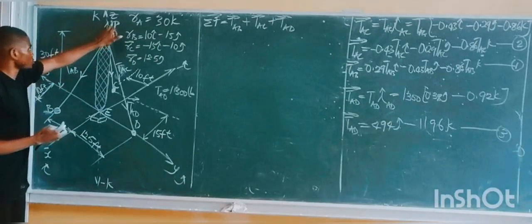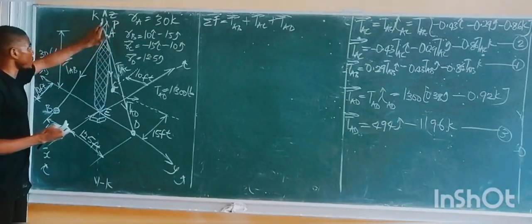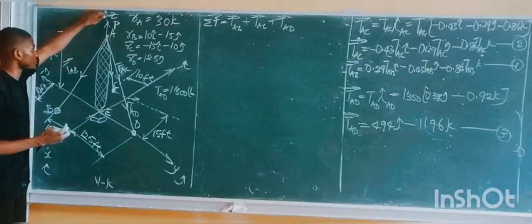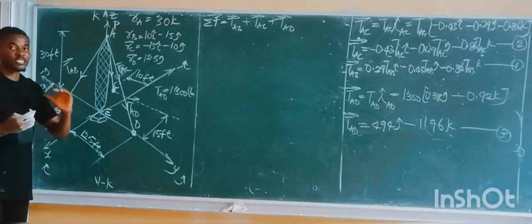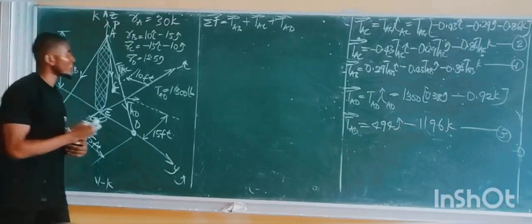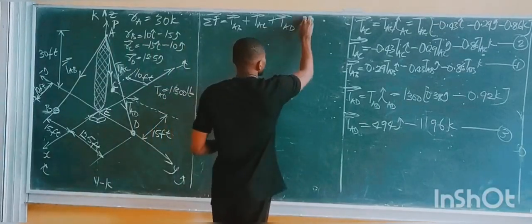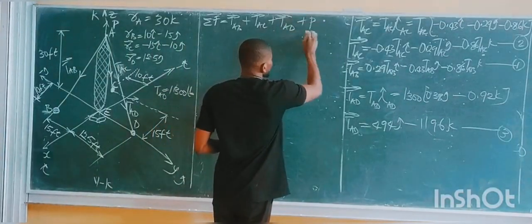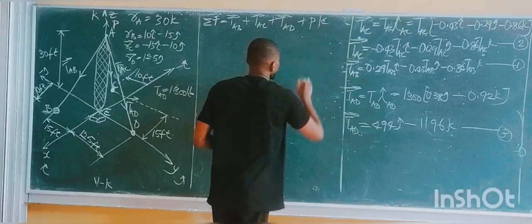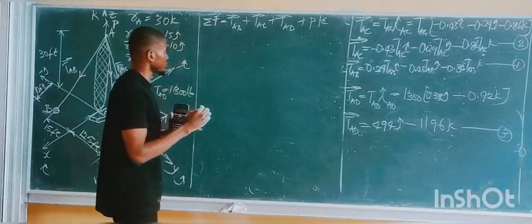We choose that force to be P, pointing upward in the direction of K, so we assume it has a positive value. So we have plus P in the K direction.